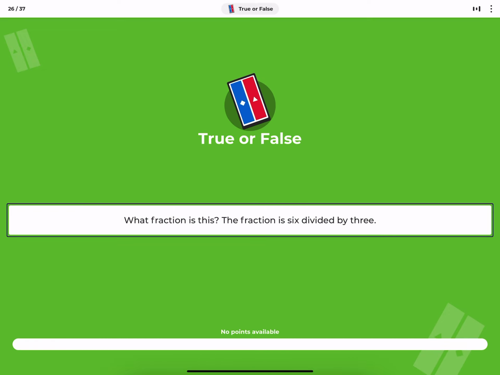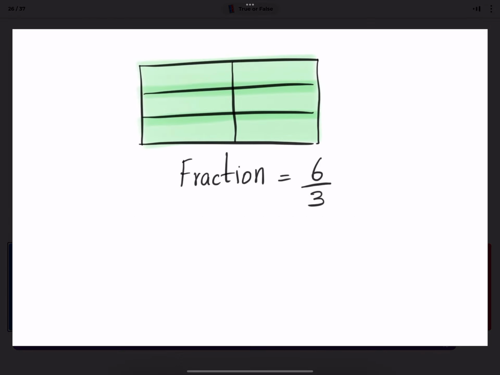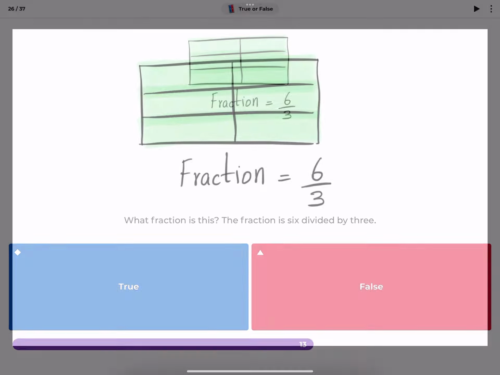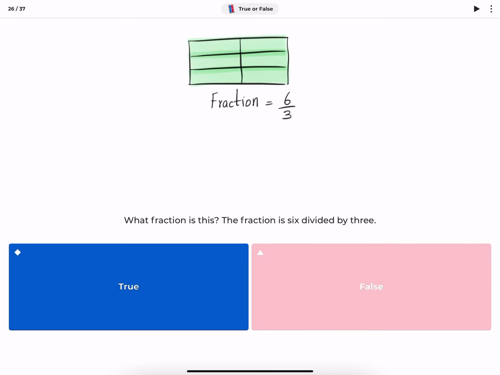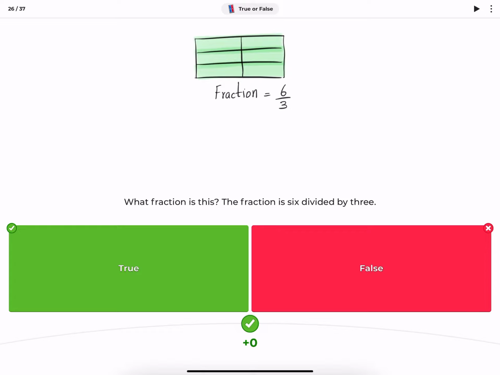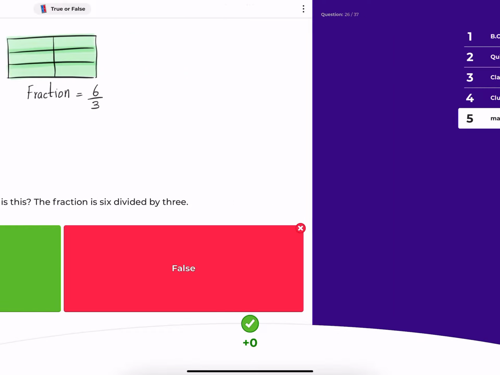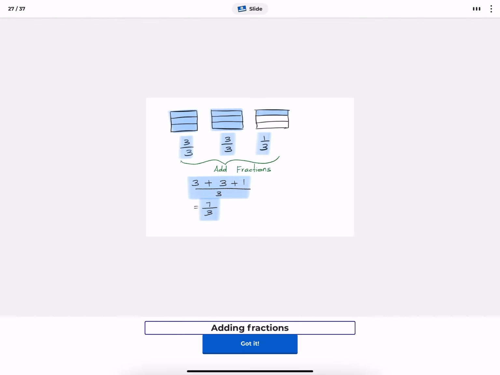The fraction is 6 divided by 3. True. False. Adding fractions.